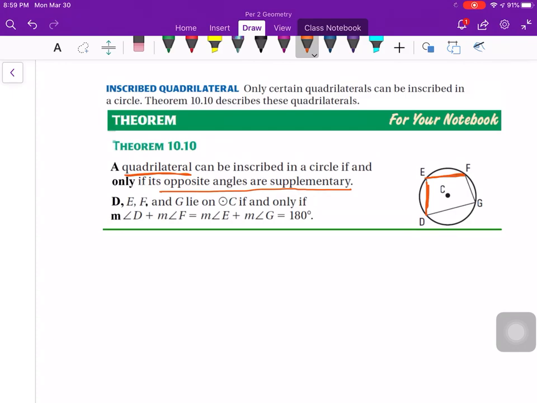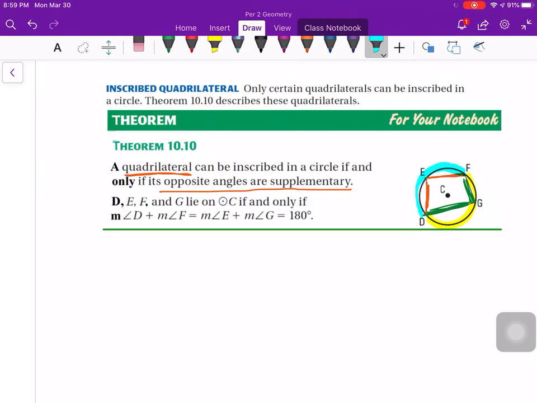So if I was talking about the angle FED, the arc for angle FED is this one, and that angle is going to be half of the yellow arc. The angle across from that is angle FGD, and the arc associated with that one would be this arc.